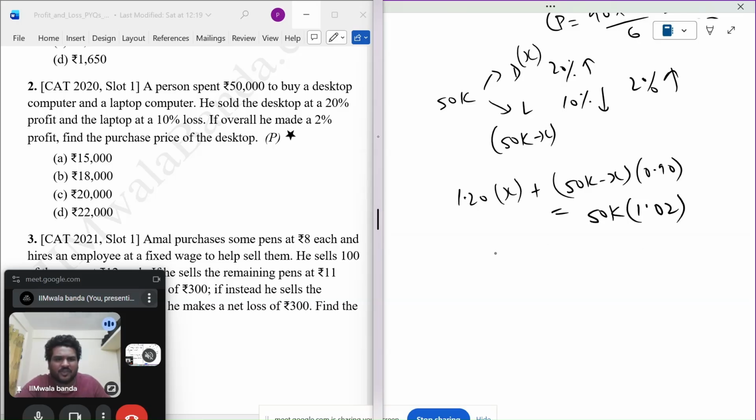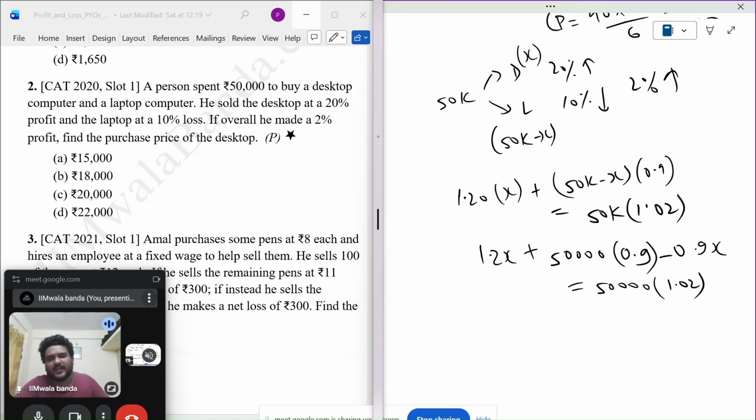Now, let's just solve. 1.2, ignore the zeros after the decimal, right? And then this is what? Now I'm writing 50K because it's easier. I don't have to carry those zeros. But at the end of the day, you have to open it, right? So this will be 50,000 into 0.90 minus 0.9x is equal to again 50,000 into 1.02.